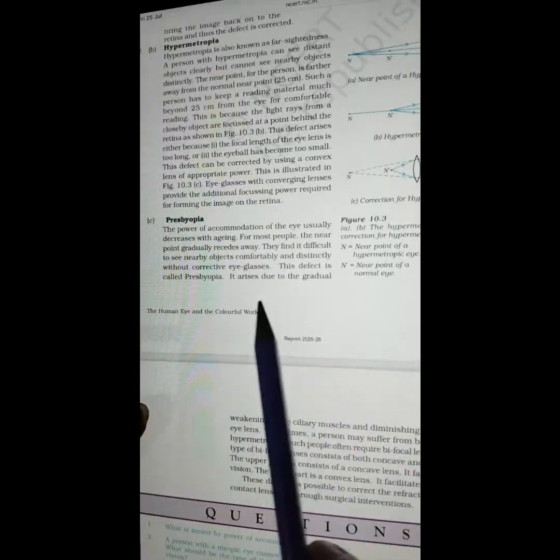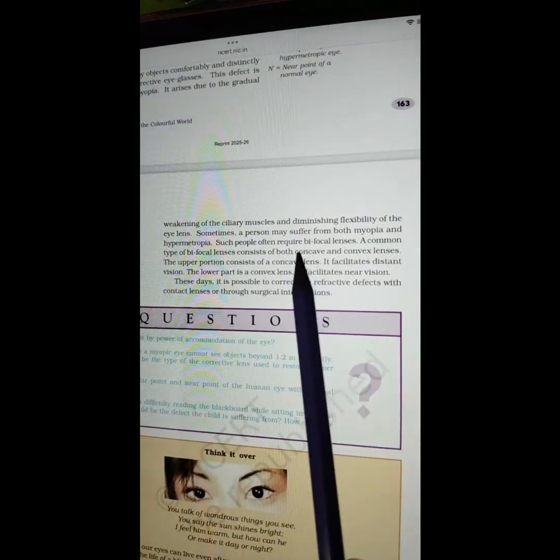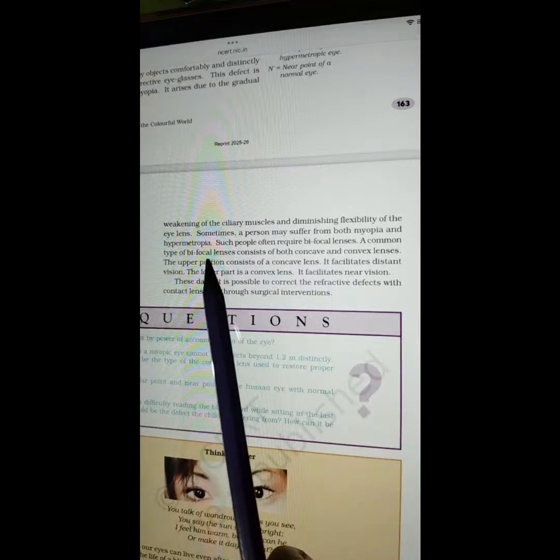They find it difficult to see nearby objects comfortably and distinctly without corrective eyeglasses. This effect is called presbyopia. It arises due to the gradual weakening of the ciliary muscles and the diminishing flexibility of the eye lens.